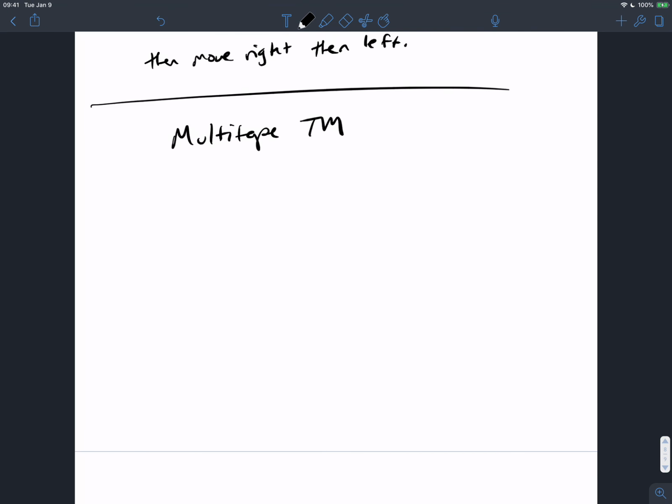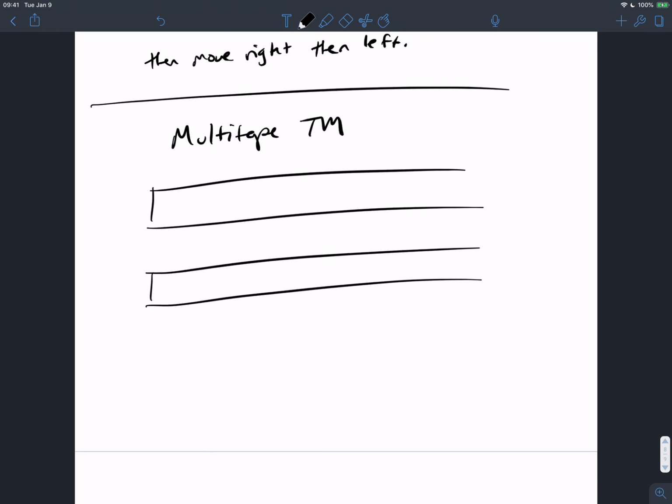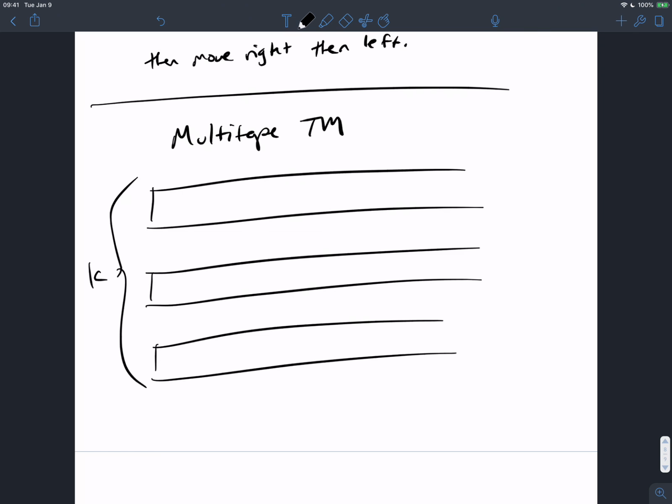But I want you to at least think about multi-tape Turing machines. So a multi-tape machine is where we have some number of tapes, which we'll call K, at least one, where each of the tapes will have independent control of its tape head.